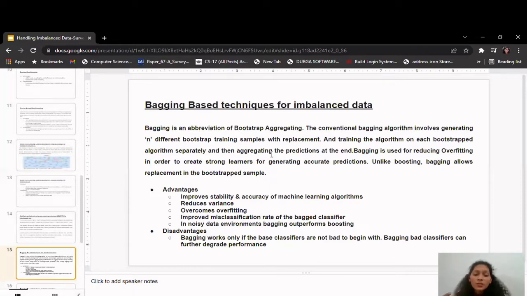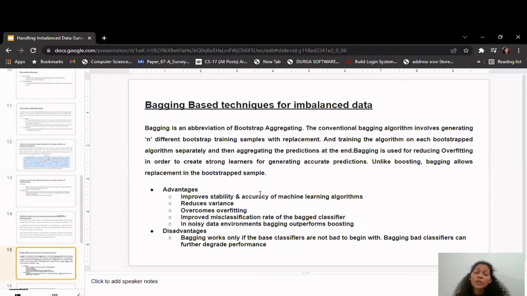So bagging is used for reducing overfitting in order to create strong learners for generating accurate predictions. Unlike boosting, bagging allows replacement in bootstrap samples.